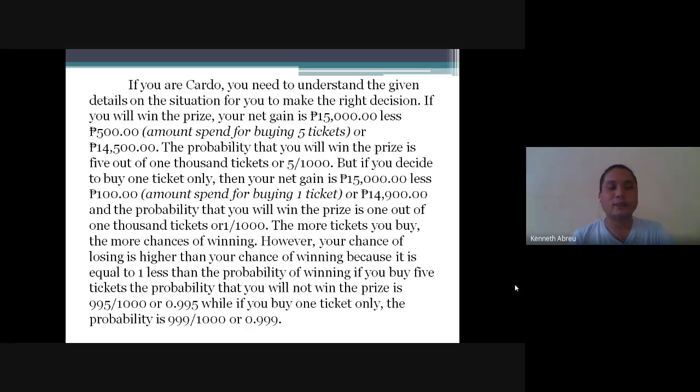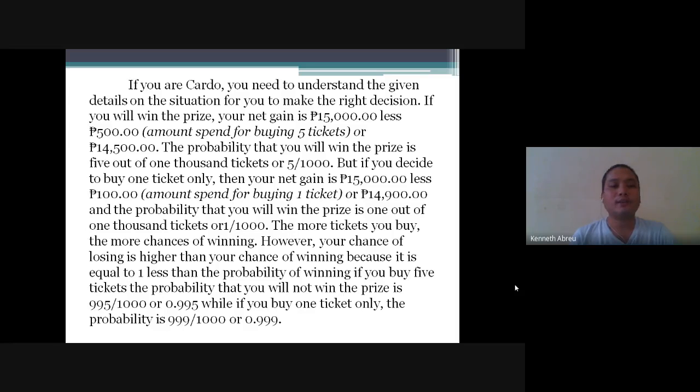But if you decide to buy 1 ticket only, then the net gain is 15,000 pesos less 100 amount spent for buying 1 ticket, so that would be 14,900. And the probability that you will win the prize is 1 out of 1,000 tickets or 1 over 1,000. The more tickets you buy, the more chances of winning.